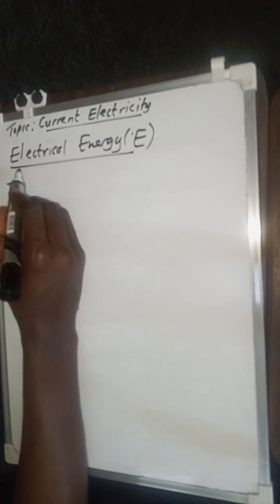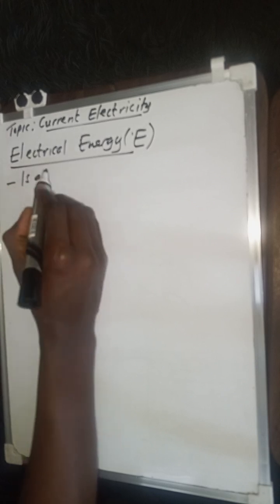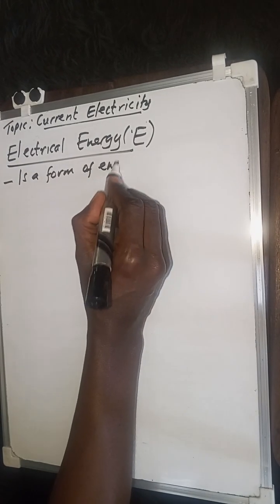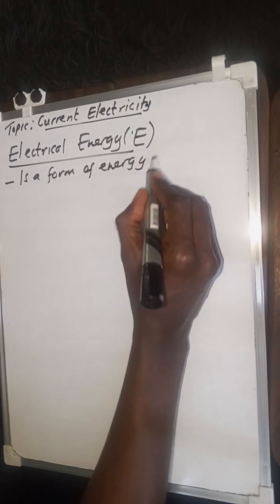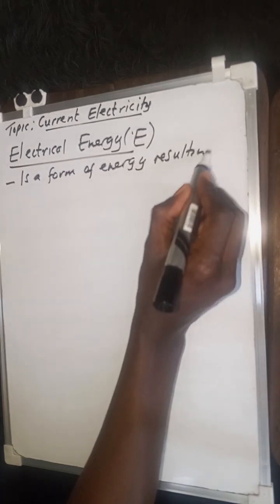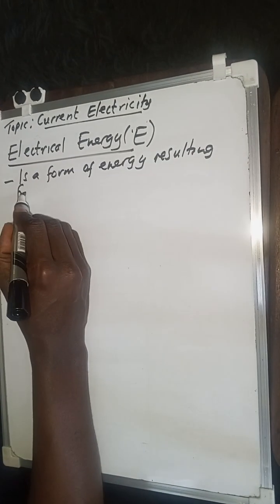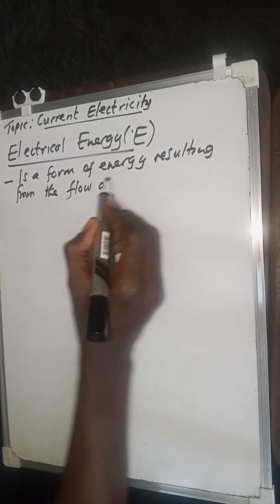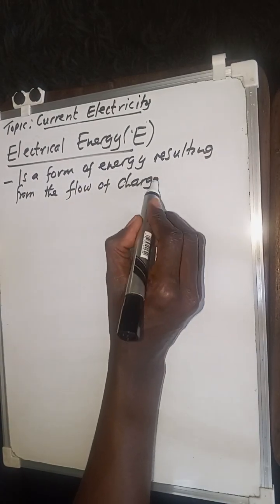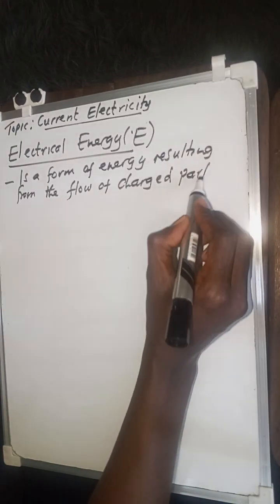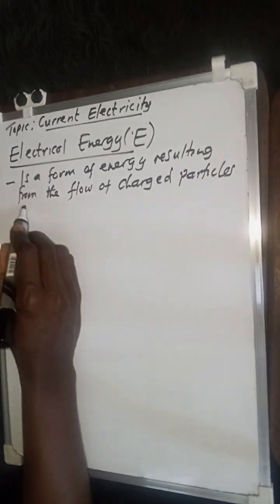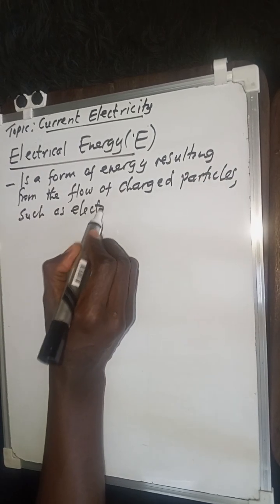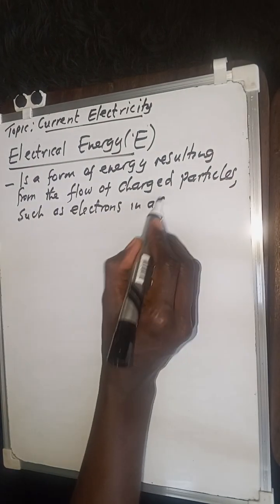So I can simply say electrical energy is a form of energy resulting from the flow of charged particles, such as electrons in a conductor.